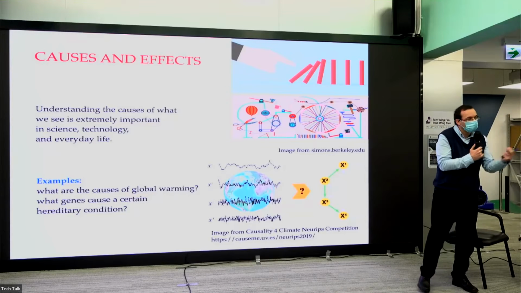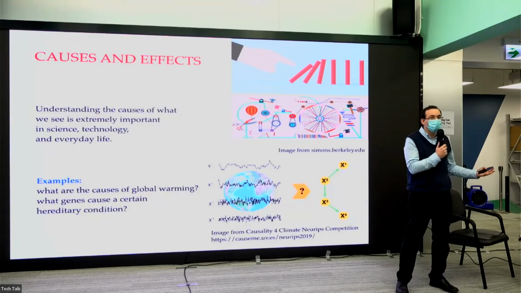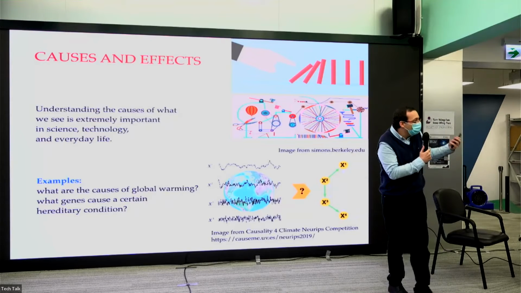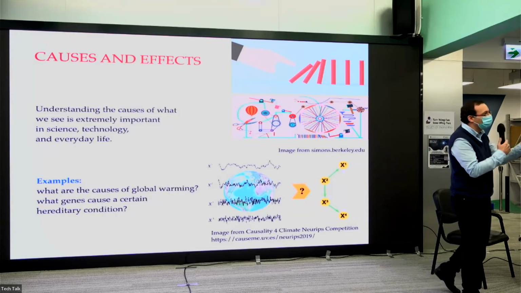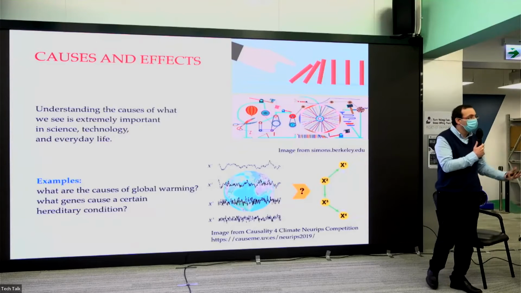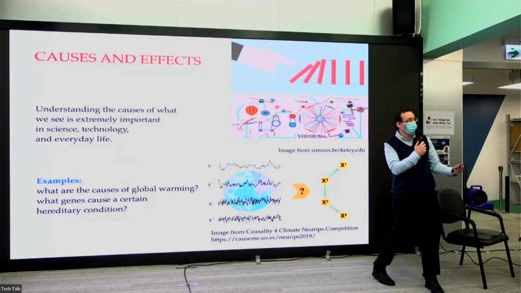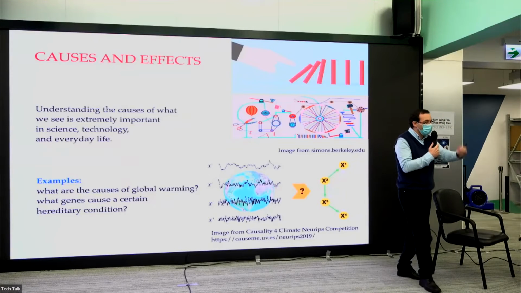How can you distinguish between these things? Or, for example, in genetics, you could ask which kind of genes are responsible for a certain hereditary condition, and what kind of techniques are you going to use to establish this causal dependence between one variable and another?